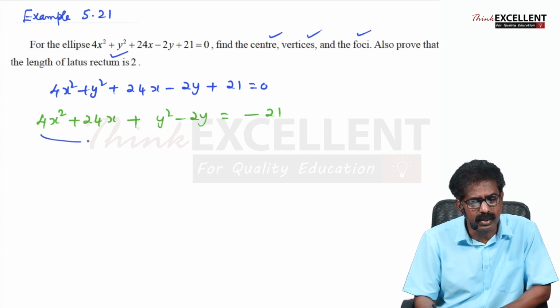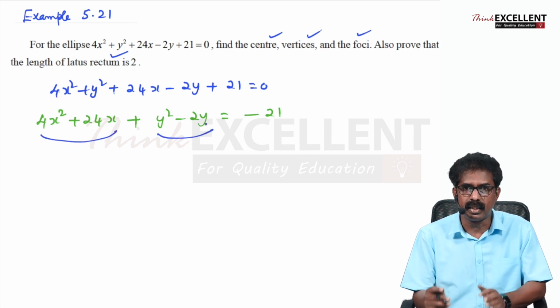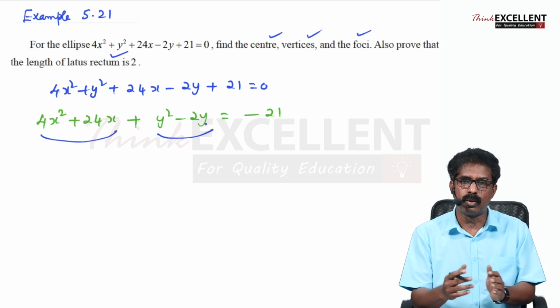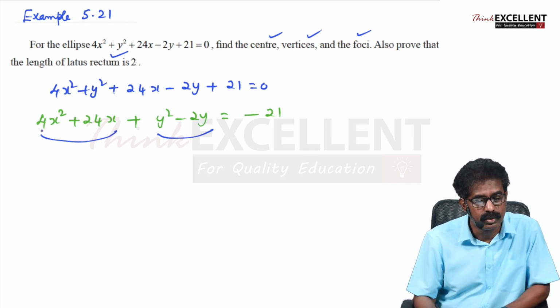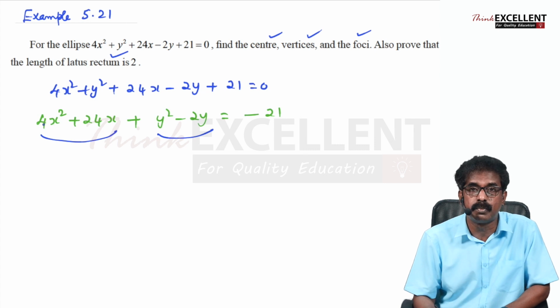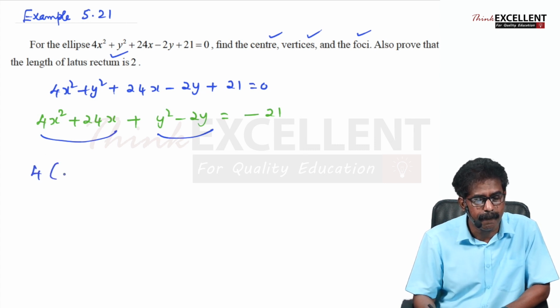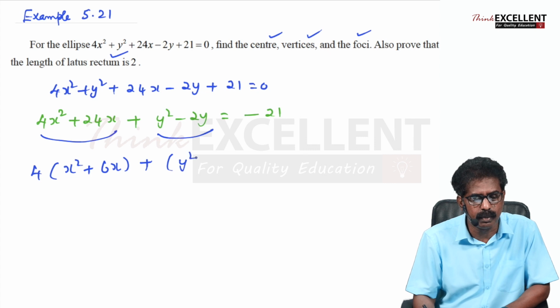Now completing the square, that's what we have to do here. x plus h the whole square or something, and y minus k, like that. So for that, x square coefficient must be 1. Take 4 common: x square plus 6x, right? Plus here, already the coefficient is 1 only, so y square minus 2y equal to minus 21.